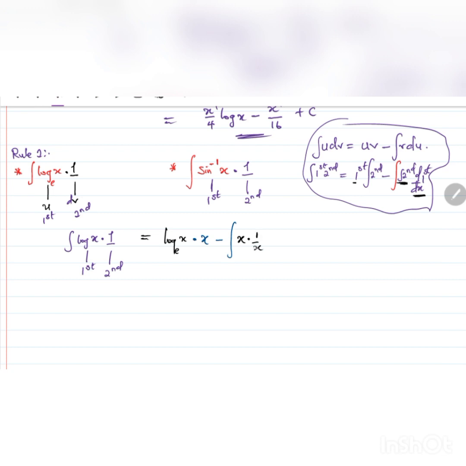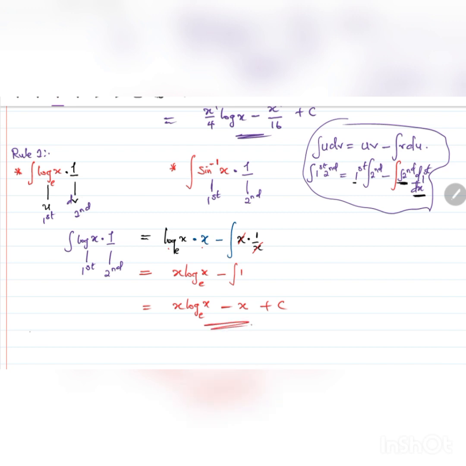Now this eliminates this, and if this multiplies this, it gives us x. I'm left with x log x base exponential minus the integral of 1, and if I integrate 1, I have x, plus c.